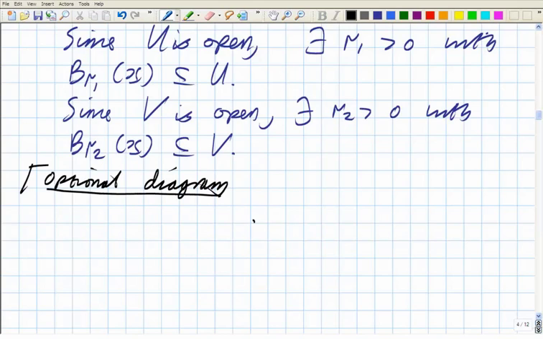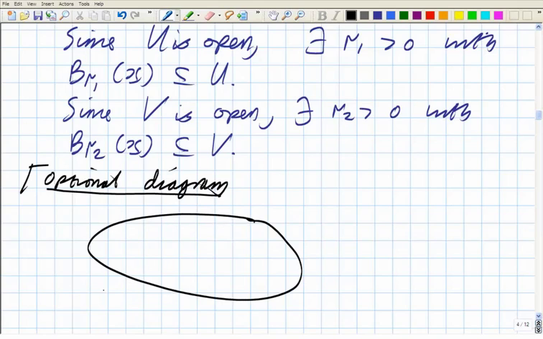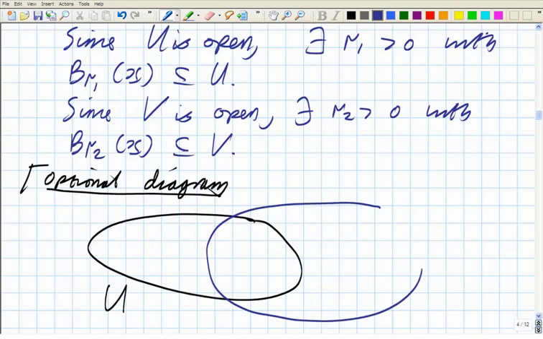So here, say, is U, and here is V. And here's your point X, which is in the intersection of the two of them. In this picture, it looks like X is nearer the edge of V than it is to the edge of U. So it could be that in this picture, which is not going to actually prove the result, but it's going to show you what's going on, it looks like you could put a little ball round X inside V like this.